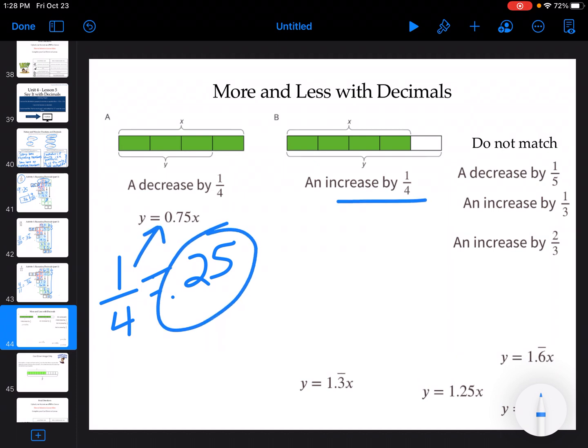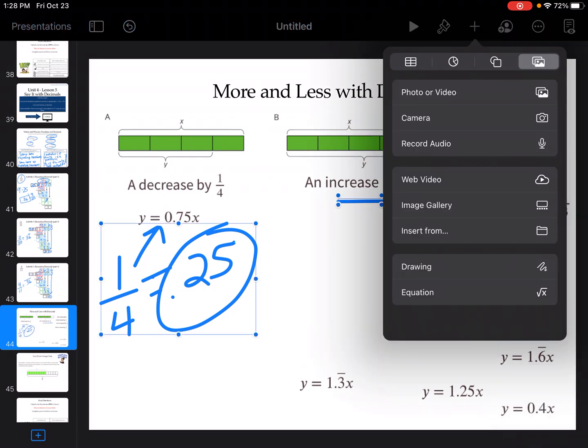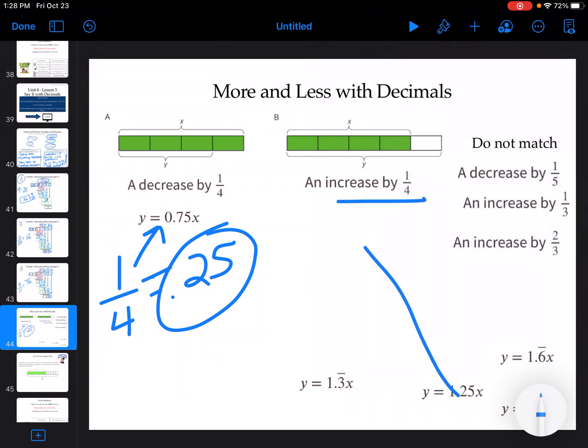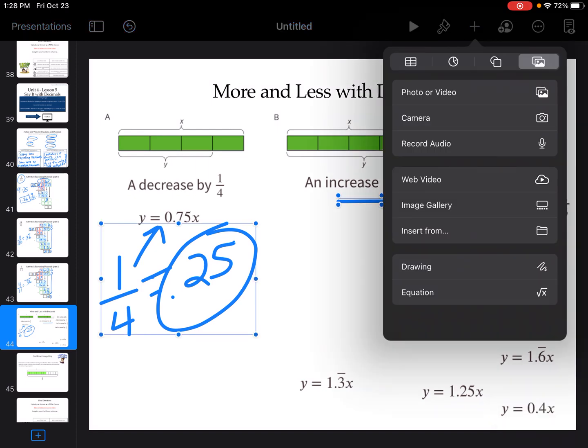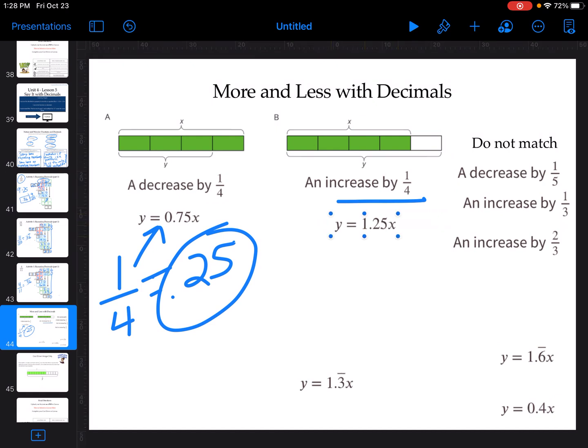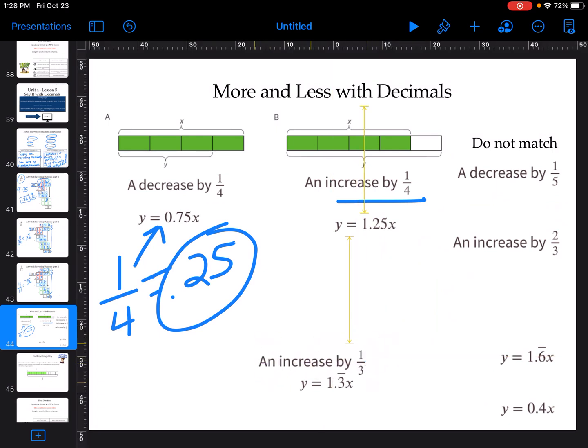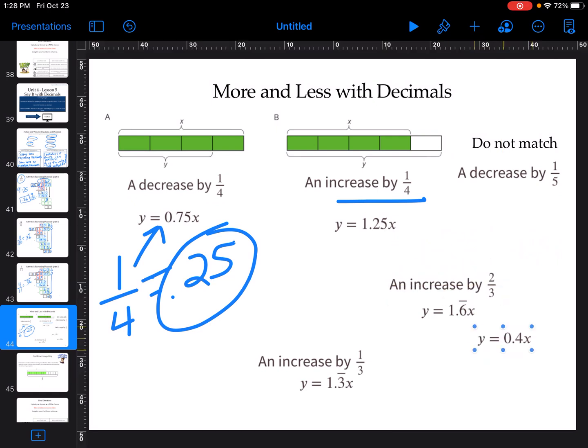If I'm increasing by 1/4, that's going to tell me that I'm adding 1.25. But if I wanted to match these up, I could say that goes together, that goes together. I don't think that goes together at all. So like that.